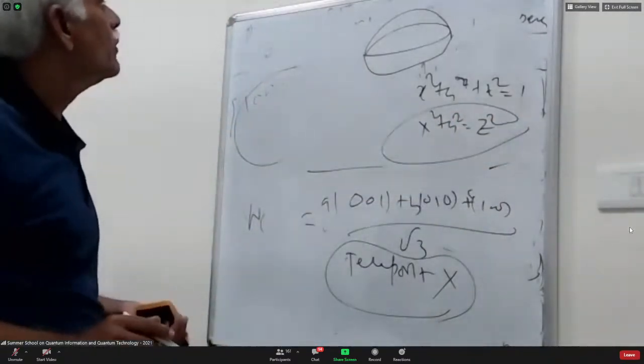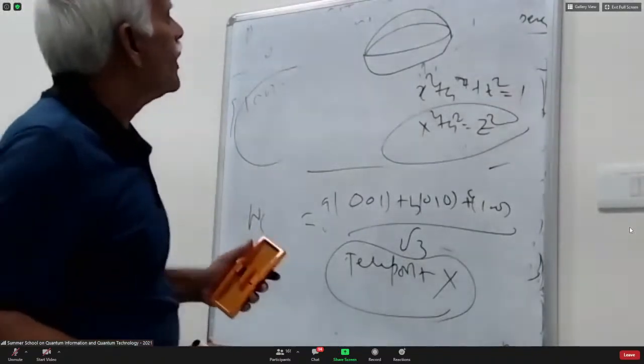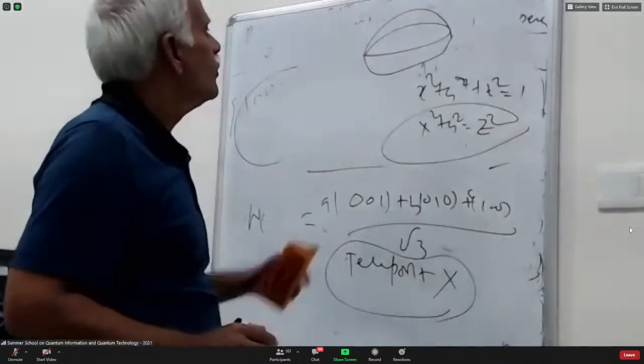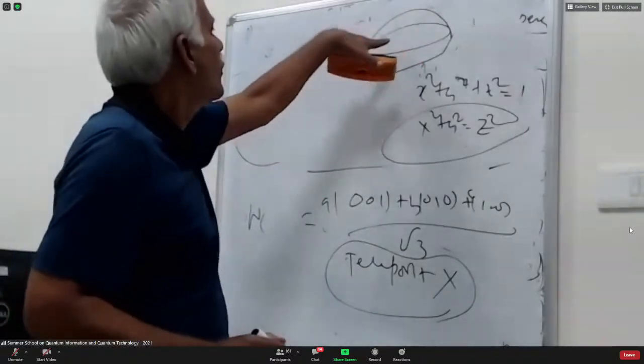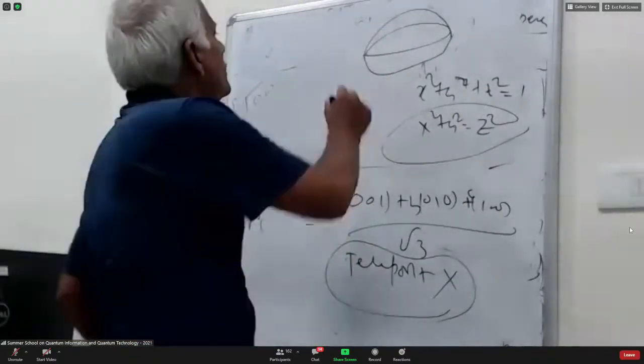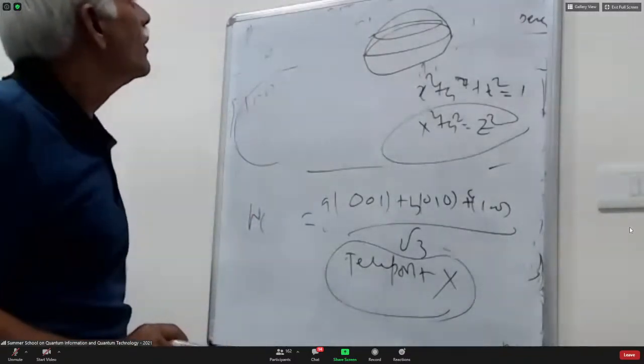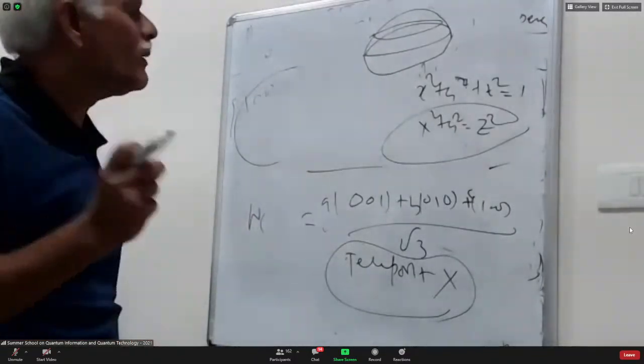So x square plus y square is equal to z square. Only those meridians or one of those orbits, if you are there, will work. You think about it geometrically. Why am I saying this?